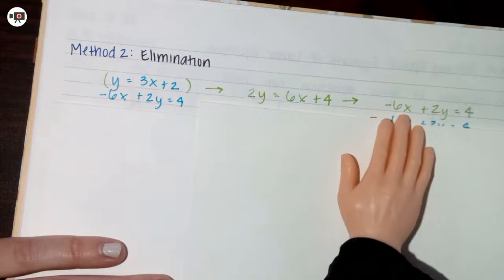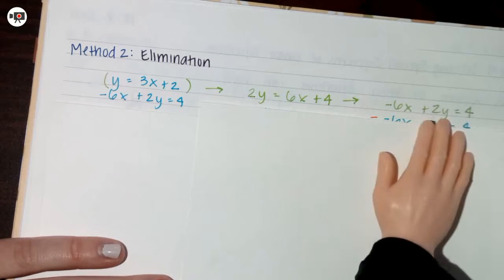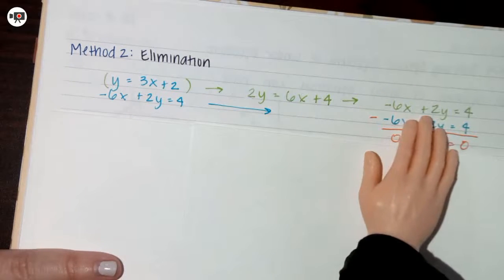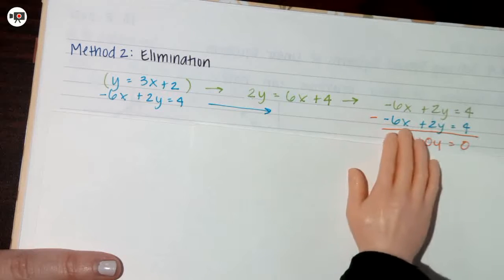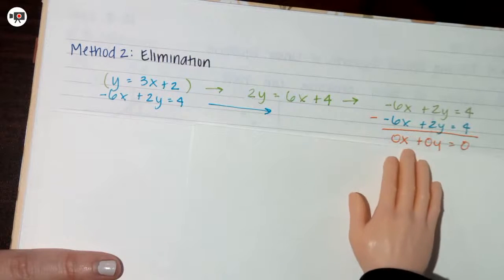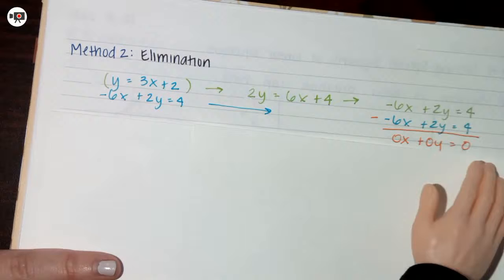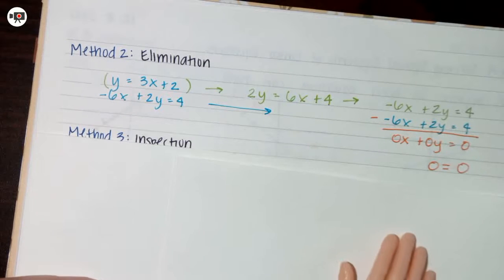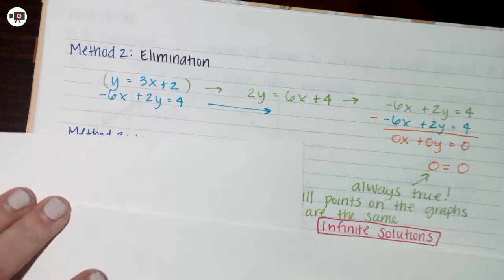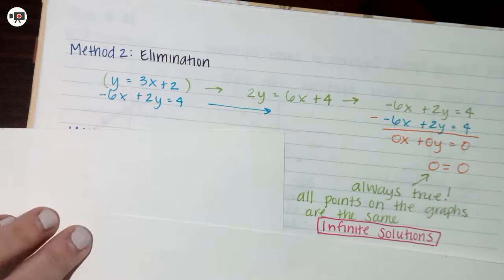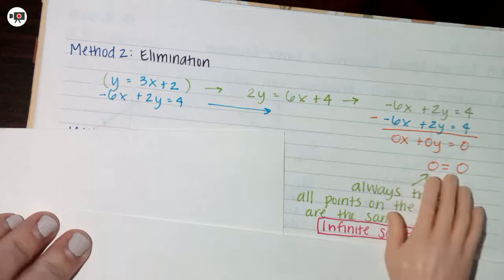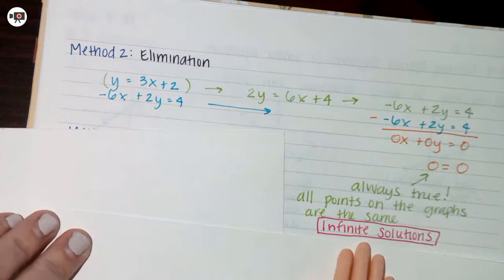Now if I put it in standard form, x plus y, then I have negative 6x plus 2y equals 4 and negative 6x plus 2y equals 4. If I subtract these two equations, I'll get 0x plus 0y equals 0. That means 0 equals 0. 0 is always equal to 0, and so all the points on the graph are the same. So I can say it has infinitely many solutions.